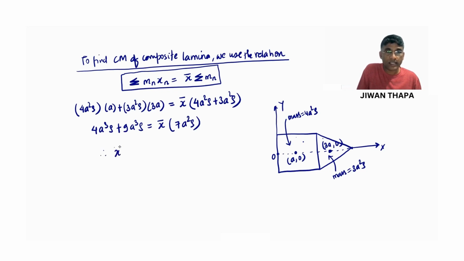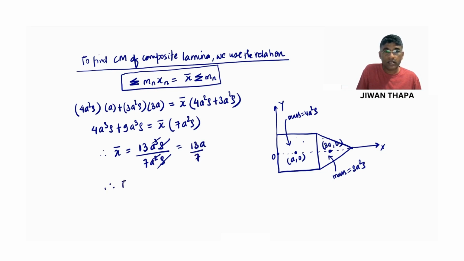Therefore, we can write x bar equals 13A cube rho by 7A square rho. So this cancels out. Let us simplify this. So we get 13A by 7.